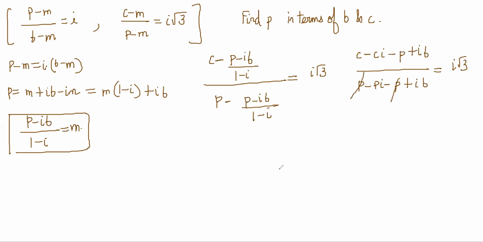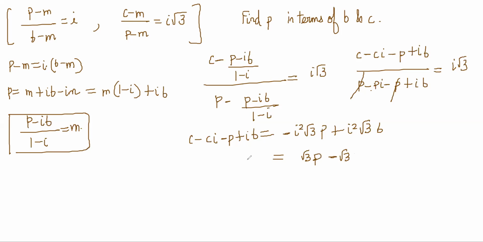So I will get C minus Ci minus P plus iB is equal to i√3 into this. So minus i squared √3P and plus i squared √3B. So that becomes √3P minus √3B. And this is C minus Ci minus P plus iB. So you get C minus Ci plus iB plus √3B is equal to P into (1 plus √3), right? Correct?